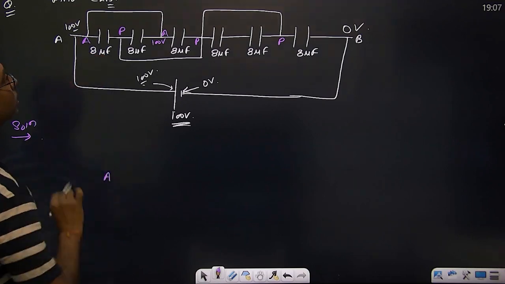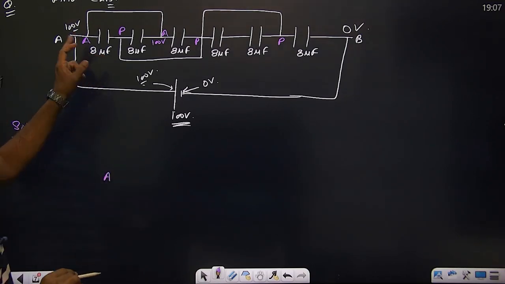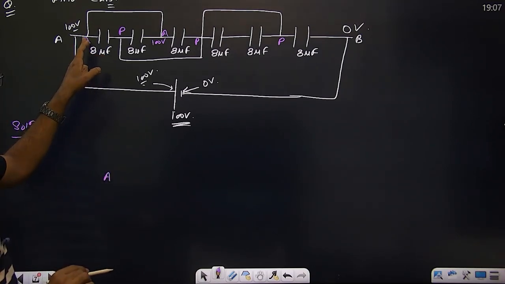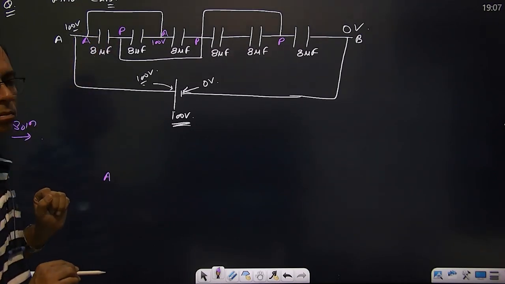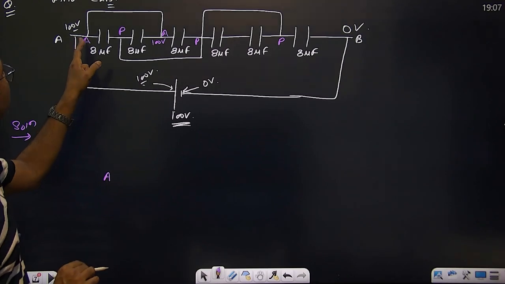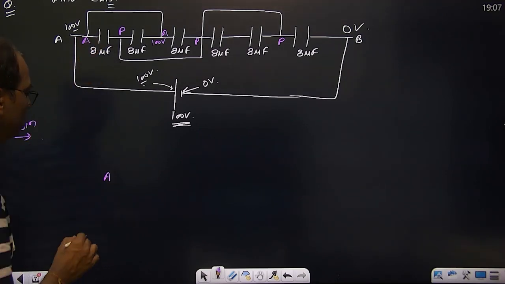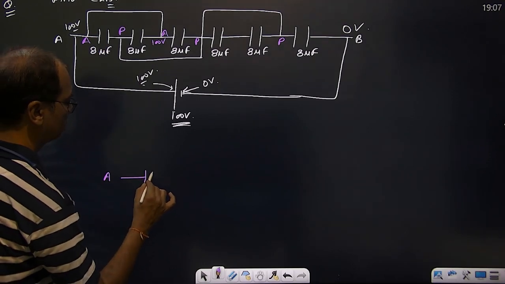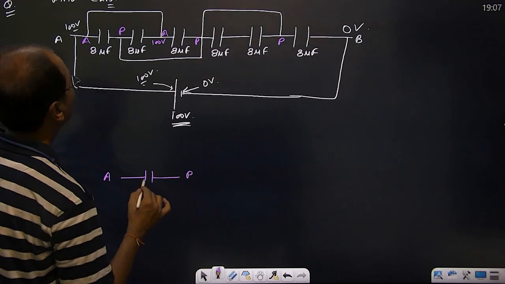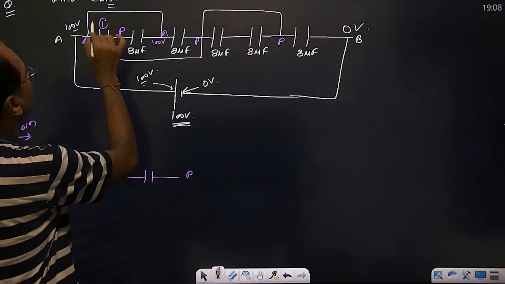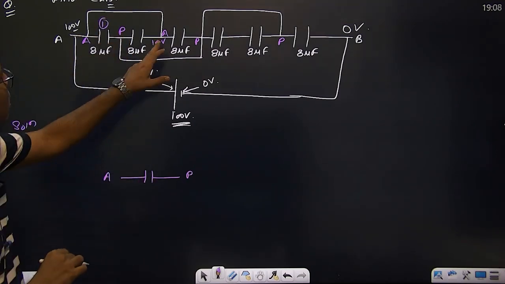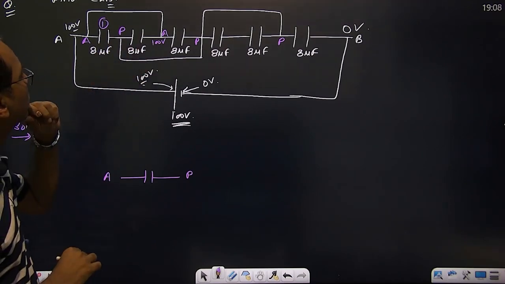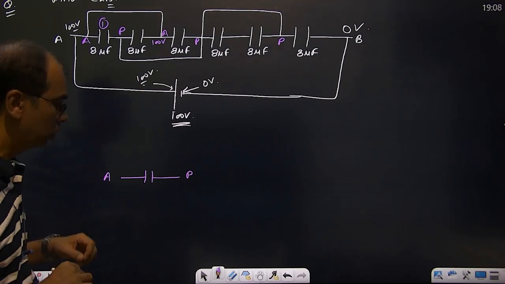So there is a capacitor between A and P. Which one have I drawn? This one, 1. Then there is another capacitor between A and P.